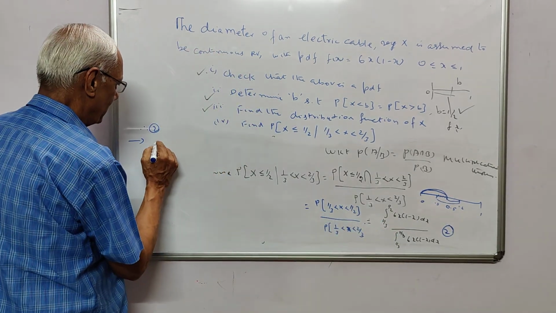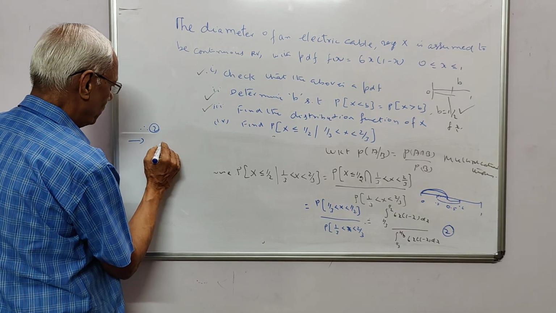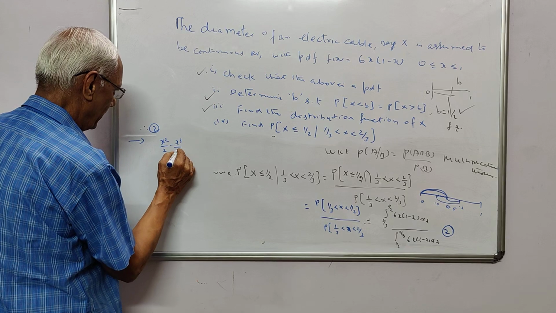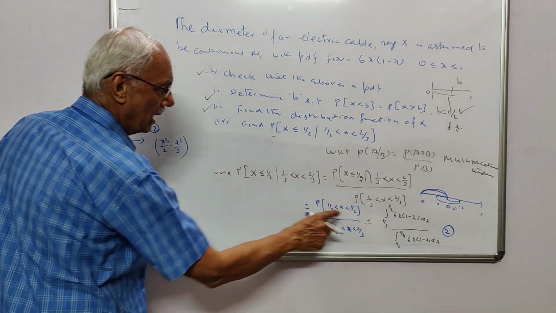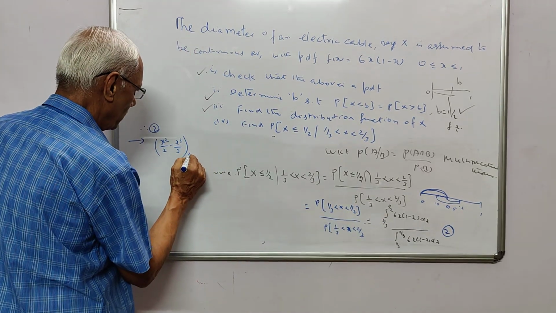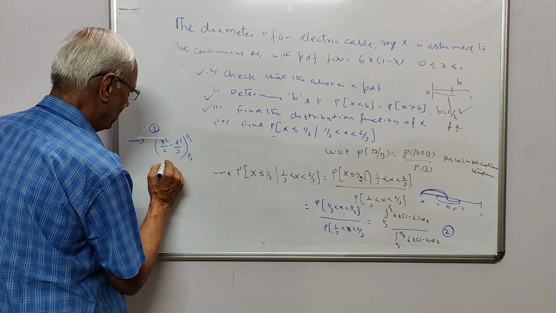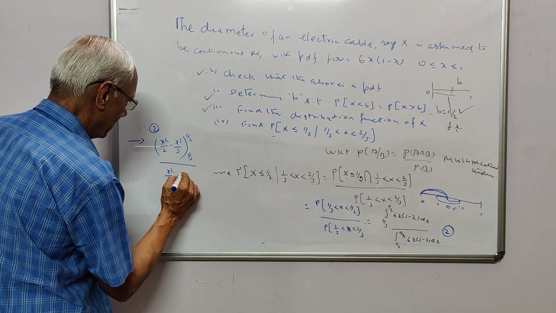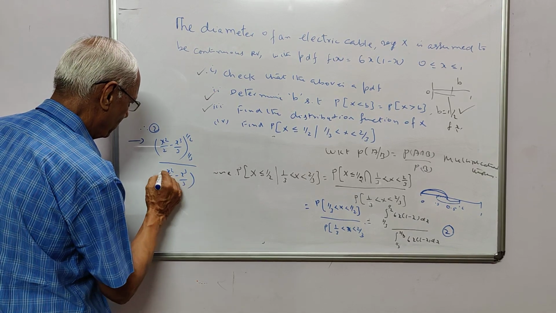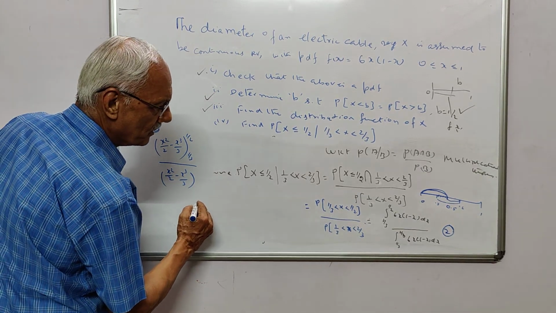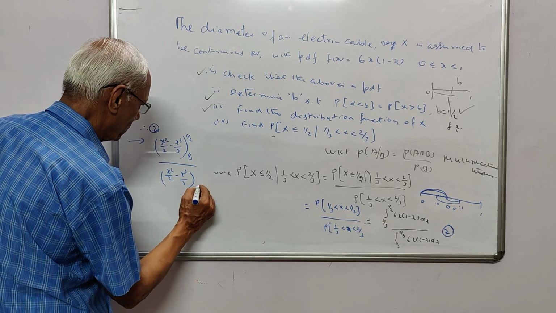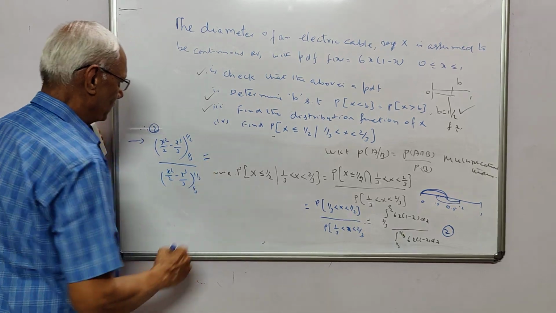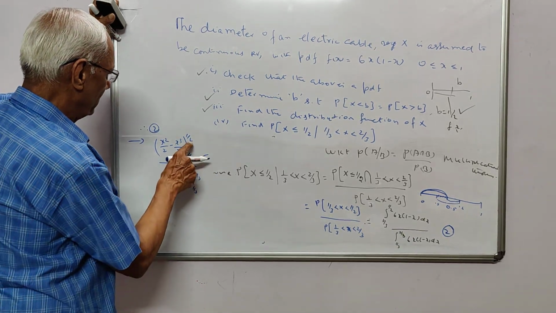So if you integrate, it is x squared by 2 minus x cubed by 3, running from 1 by 3 to 1 by 2, and this is also x squared by 2 minus x cubed by 3, running from 1 by 3 to 2 by 3. So this is equal to what? That is what you get here.